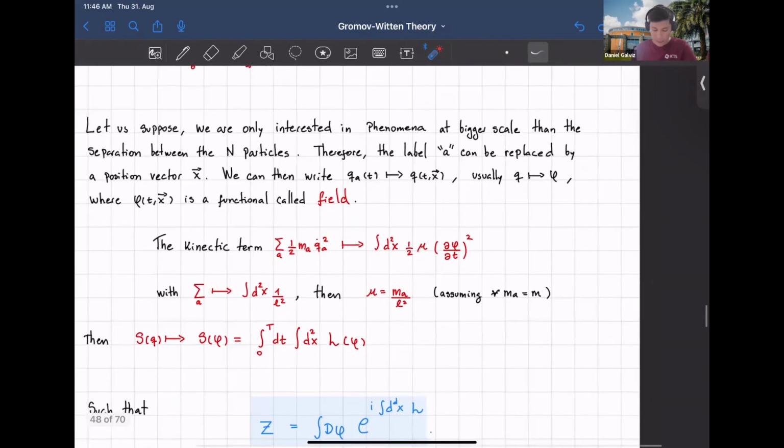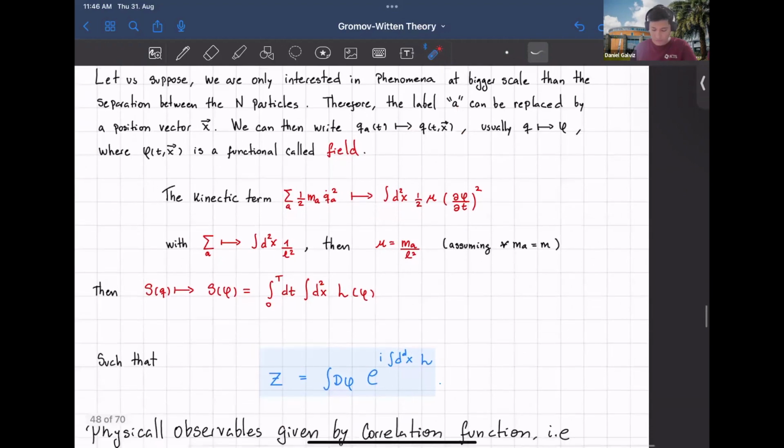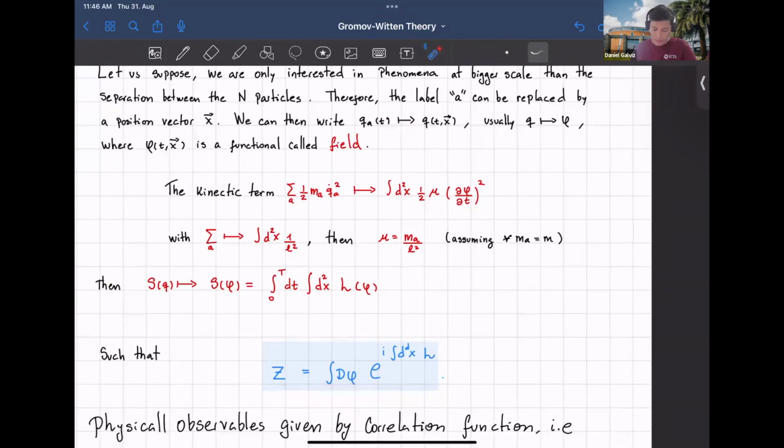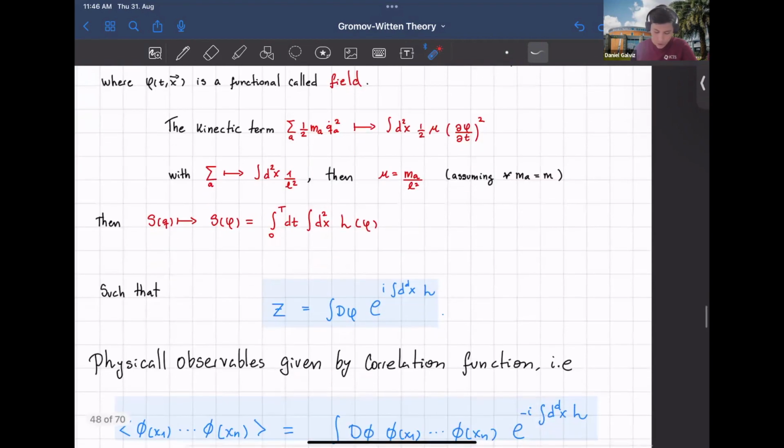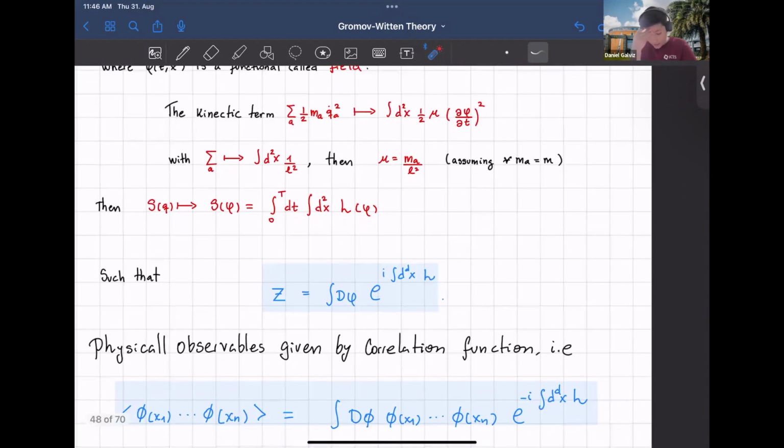Then our path integral formalism you can just describe in terms of a field, over all of our space, weighted by this exponential of the action. Okay, so now we are interested in physical observations, because we want to do measurements, and these measurements are given by what we call physical observables.